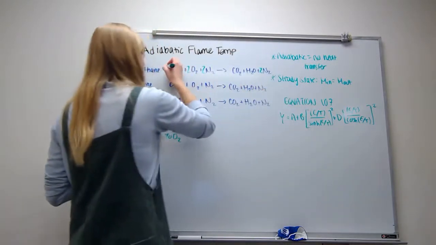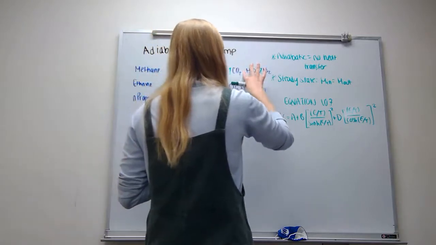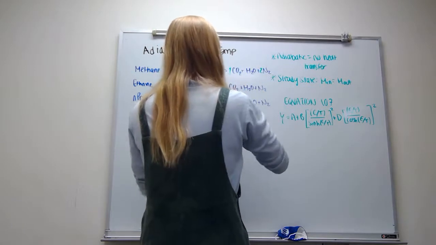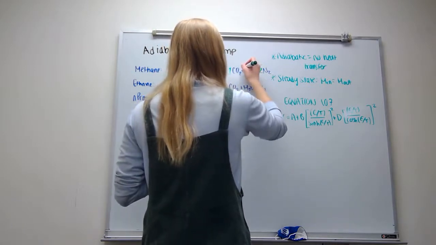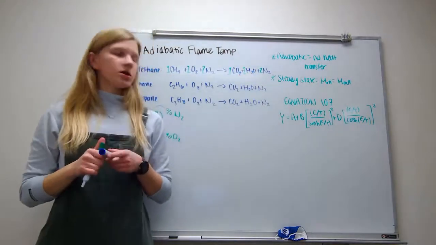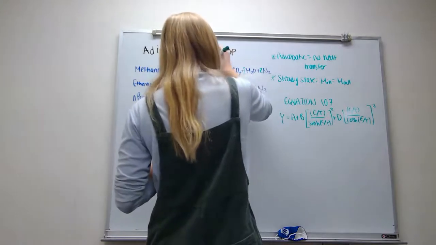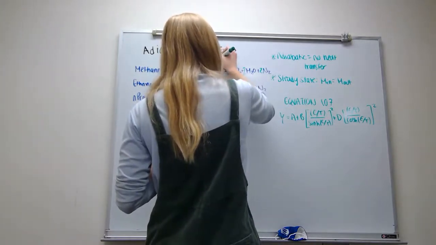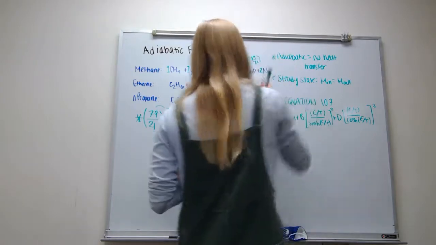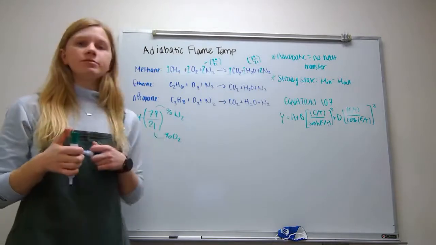We have just one here, and then we need to add two here. Just double checking that I did that correctly, and then remember for our nitrogen, we need to multiply by 79 over 21. Okay, so that looks good. We have 1, 2, 2, 1, 2, 2.